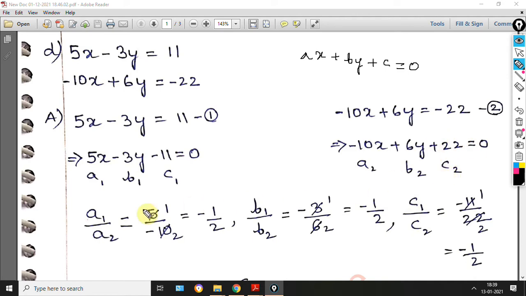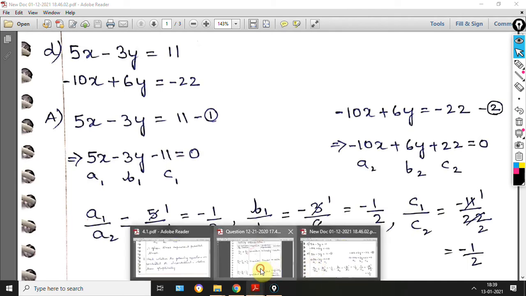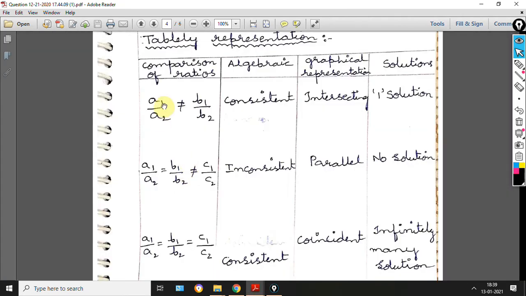Okay. So what we have to do first: he is asking us to check whether these equations are consistent or inconsistent. So we have to see which condition these equations follow. We have three conditions now: a1 by a2 not equal to b1 by b2; a1 by a2 equal to b1 by b2 not equal to c1 by c2; a1 by a2 equal to b1 by b2 equal to c1 by c2.